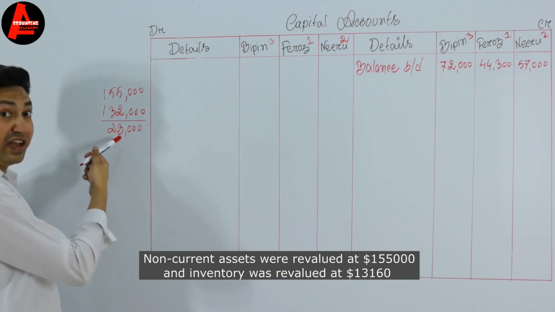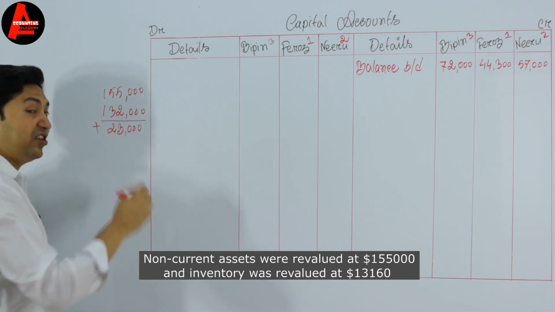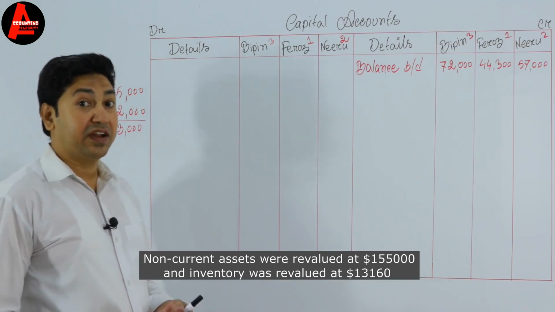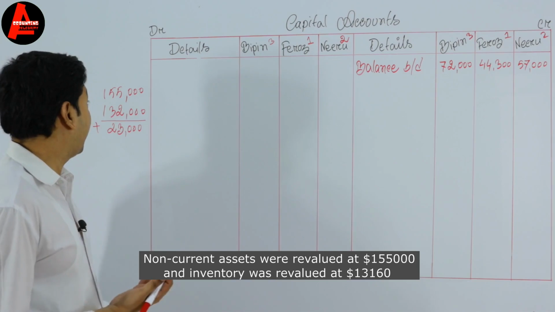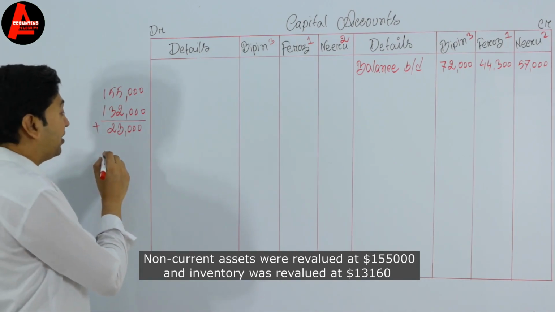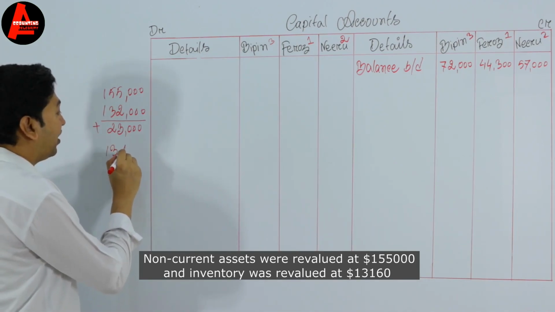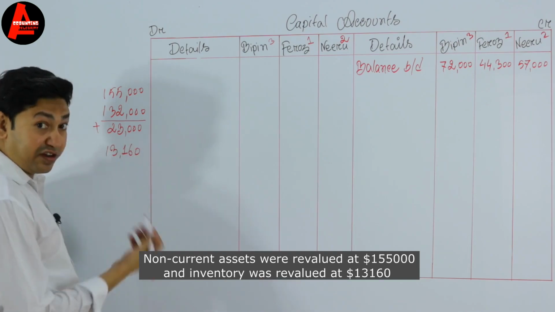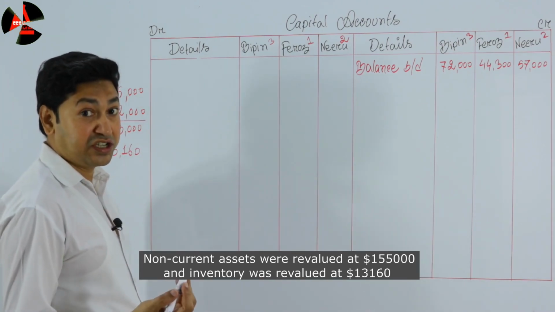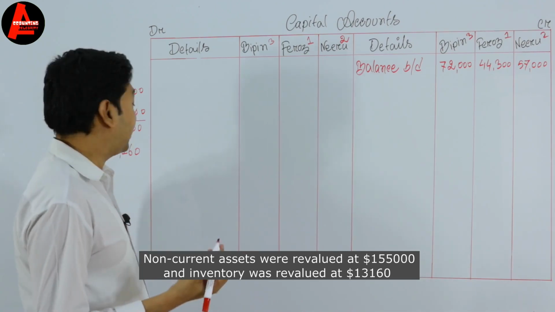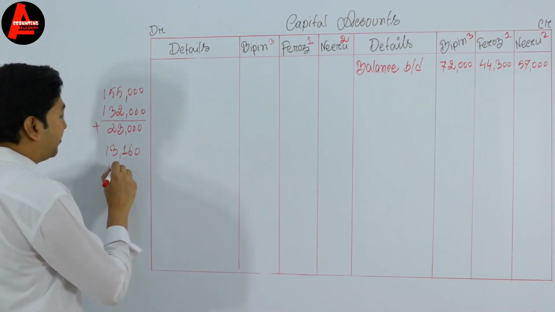This is the increase of the non-current assets, but at the same time the value of inventory is decreased. The current value is $13,160 and the value in the statement of financial position is $17,560.